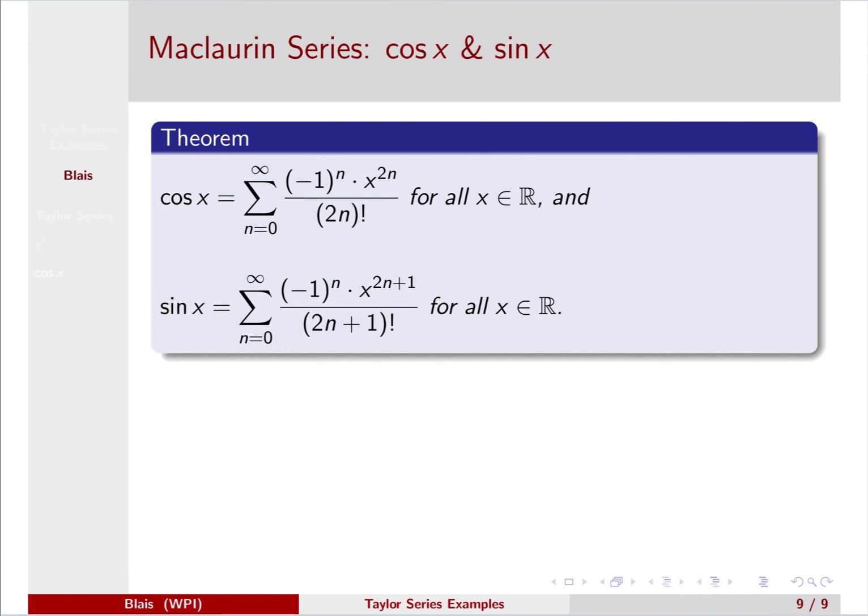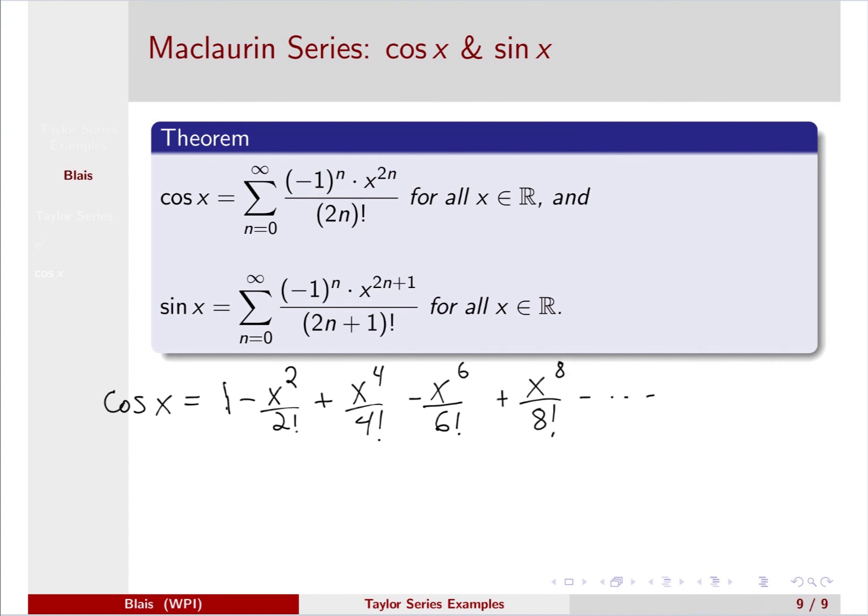And if we write these out, we see cosine of x can be written as 1 minus x squared over 2 factorial plus x to the 4th over 4 factorial minus x to the 6th over 6 factorial plus x to the 8th over 8 factorial, so on and so forth.